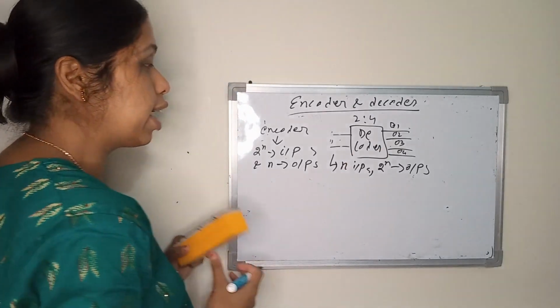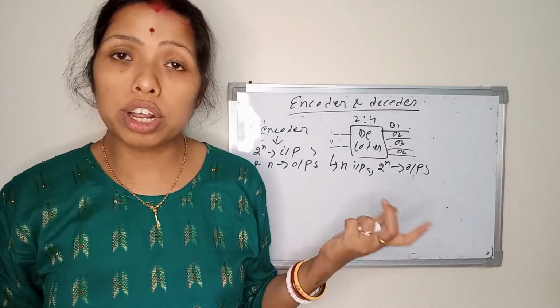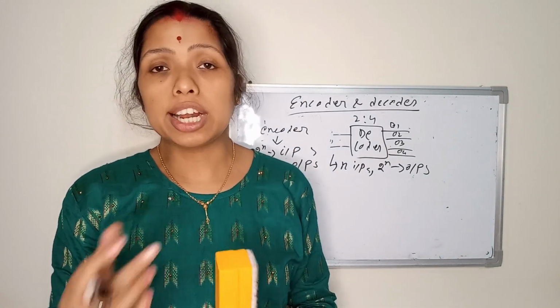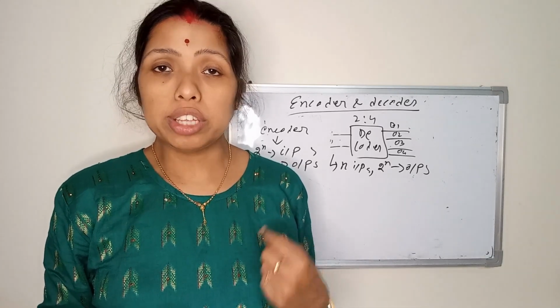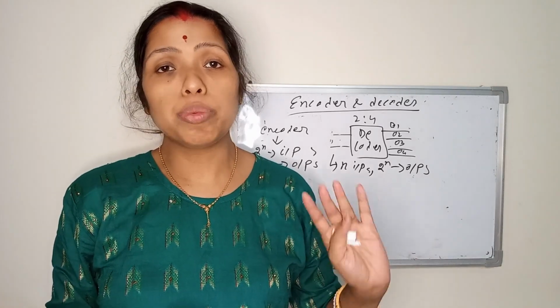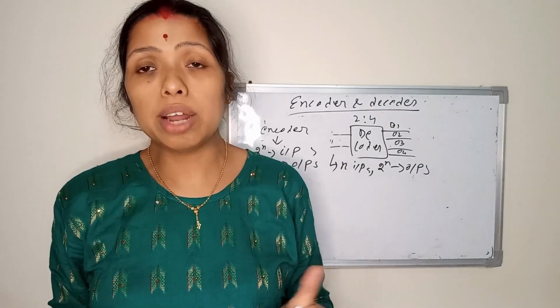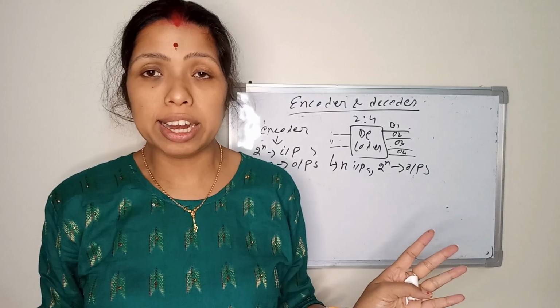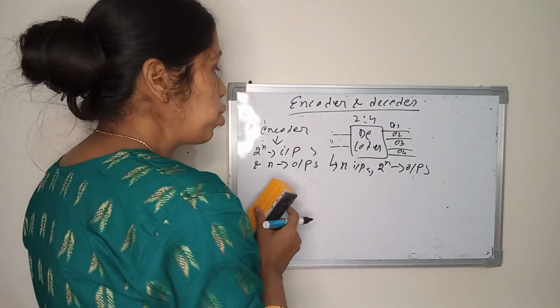There is no select line, there is an enable line. When I give logic 0 through the enable line, the decoder or encoder will activate. When I send logic 1, it will not activate, it will be deactivated. So there is one enable line, but there is no concept of a select line.